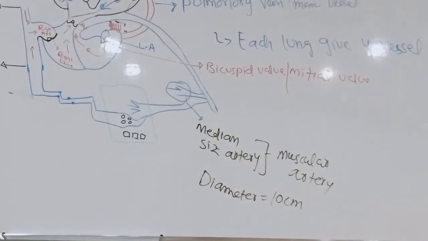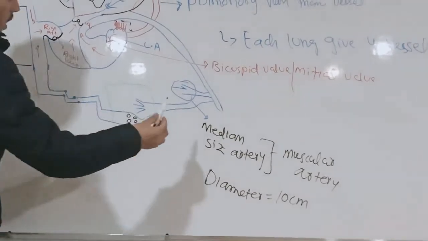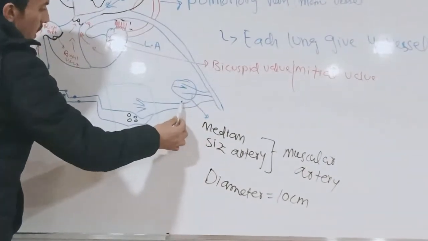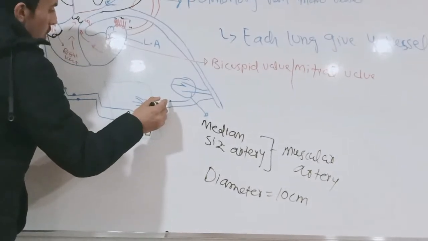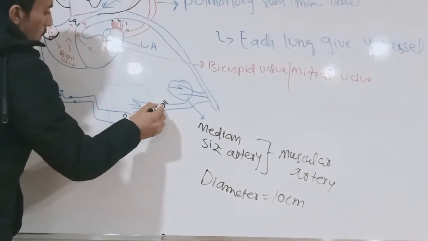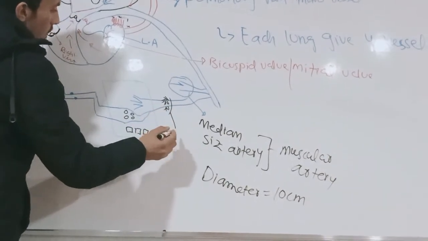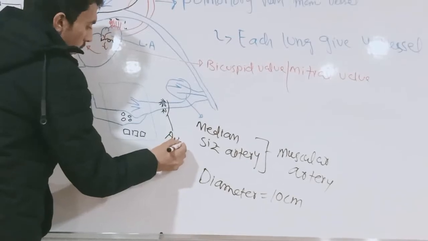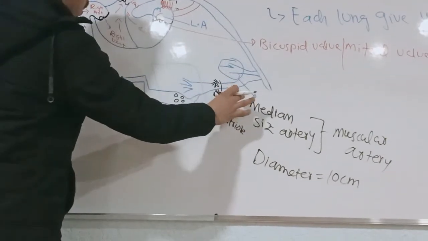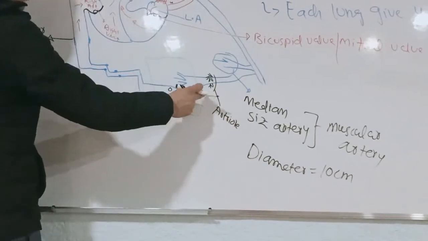From the muscular artery, it breaks down into smaller branches, which are called arterioles. The medium size artery, the muscular artery, will break down into arterioles.